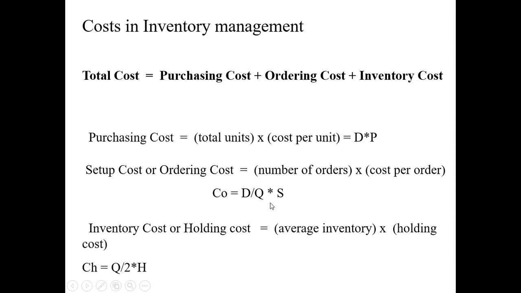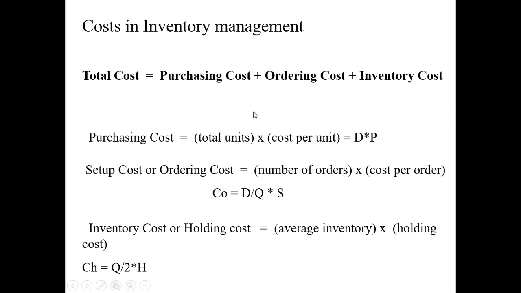Then if you go for a large number of orders, the batch size per order will be less, so we are going to pay less for the CH. On the other hand, if you go for a single order or bulk order, then we are going to save here, but we are going to spend here. So these are the two expenses which are opposite, or inversely proportional.